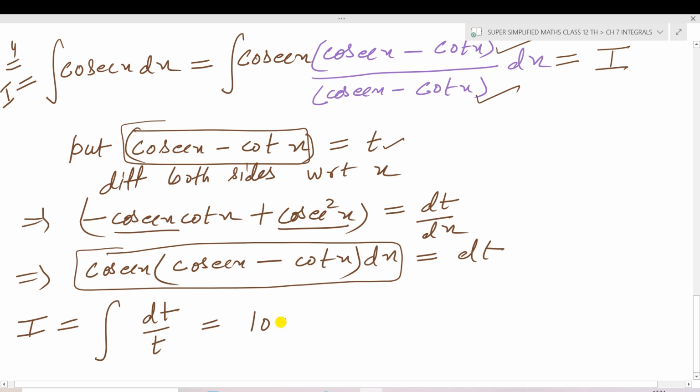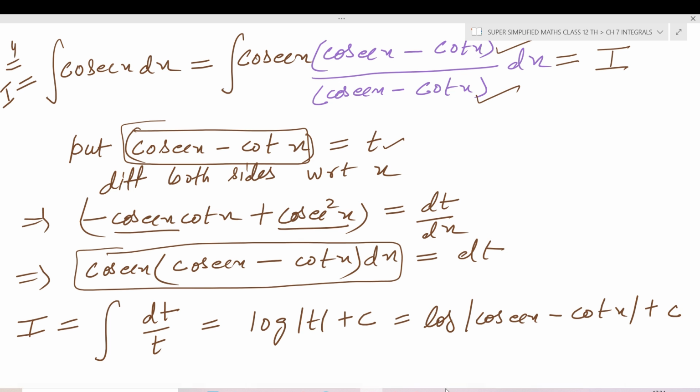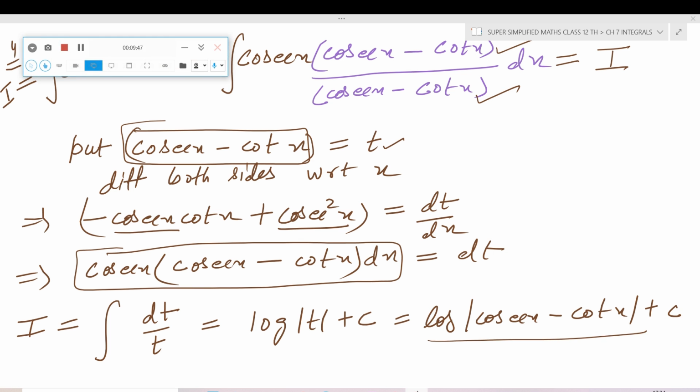Again its integration will be log mod t plus a constant of integration. Now I can substitute back t, and t was cosec x minus cot x. So we have log mod cosec x minus cot x plus c. So now we can see that the integral of cosec x is this.